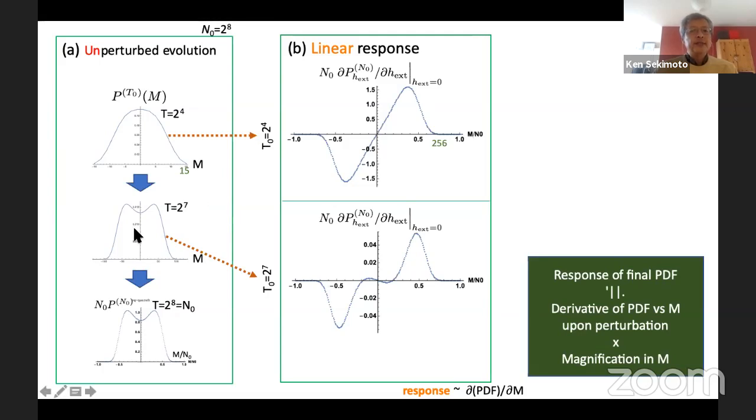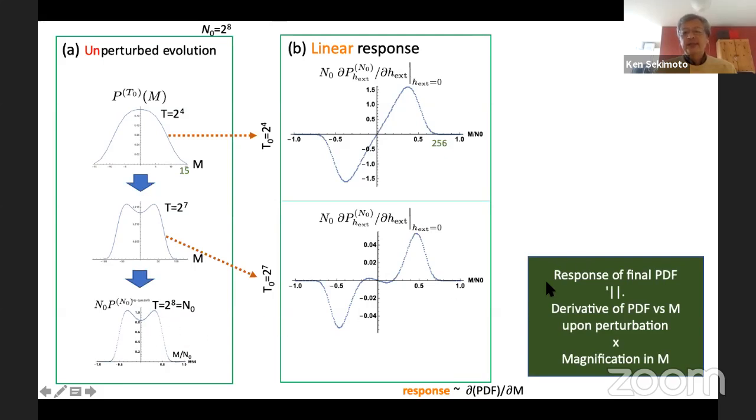However, if we added the perturbation in just the middle of the process, among 256 spins, so that is 128, then the response at the final state has a double sinusoidal peak pattern. So the effect of perturbation is strongly memorized at the final state.